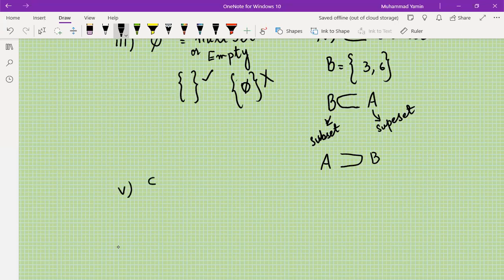Then another very important symbol is this symbol. This is called the universal set.